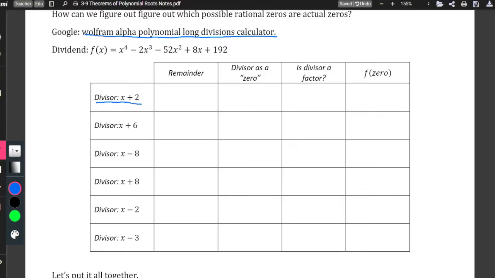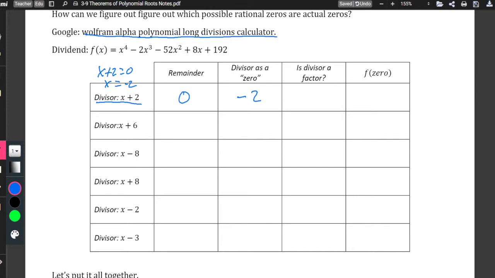When we write things as a 0, just like before, so x plus 2, we set it equal to 0 and then solve for x. So our divisor as a 0 is going to be -2.